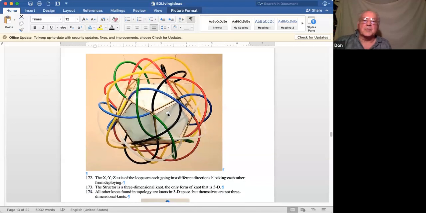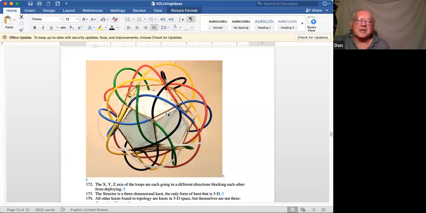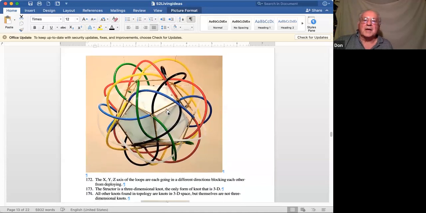So the difference between an icosahedron and a dodecahedron is the number of loops. And as I mentioned before, every form has a specific number of loops and a specific number of twists those loops have. If you know those two things, you know what the geometry of the form you're looking at has.